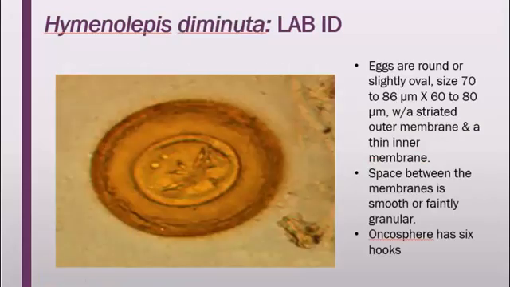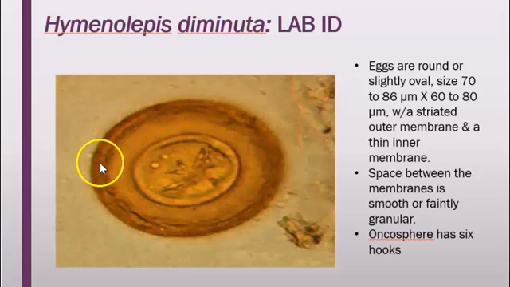For H. diminuta, the eggs would be round to slightly oval. They're a little bit bigger, anywhere from 70 to 86 microns by 60 to 80 microns, with a striated outer membrane and a thin inner membrane. So here is our outer membrane.